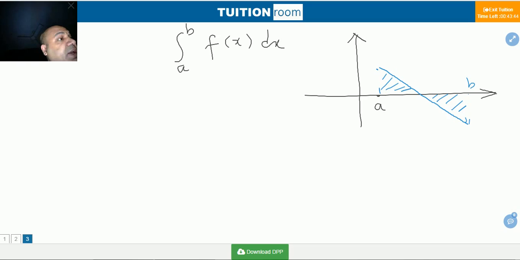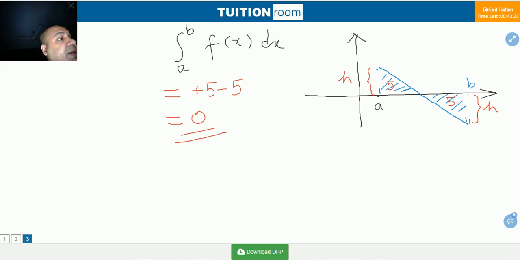Area should be bounded between the curve and the x-axis from lower limit to upper limit. If this height is h as well as this height is h, then the area will be the same. If it is 5, then it will also be 5. Then the value of this integral will be plus 5 and minus 5, and the value of the integral will be 0.